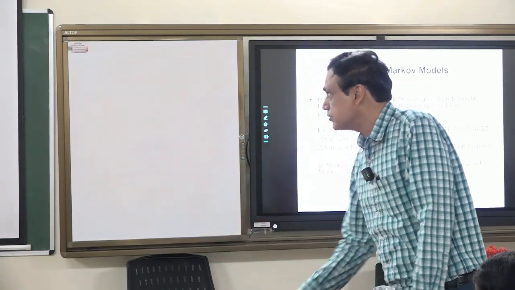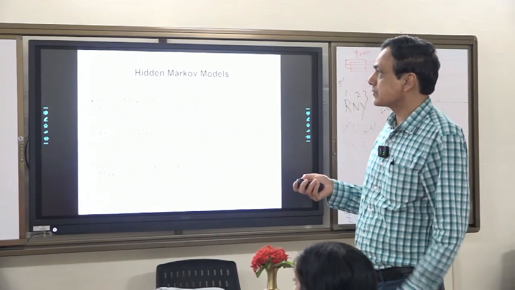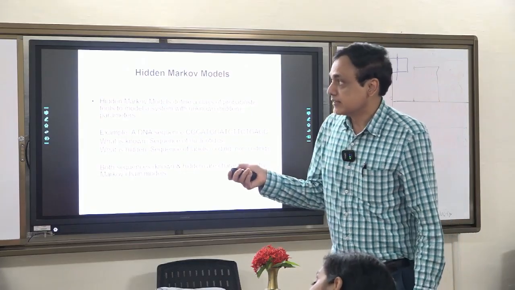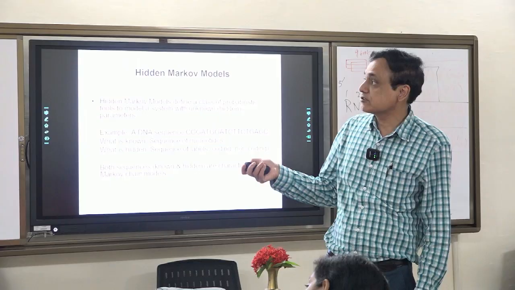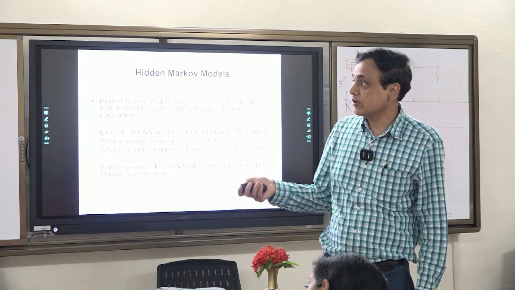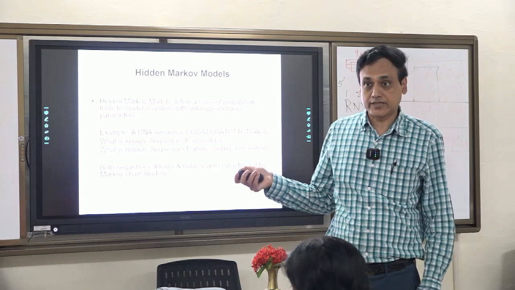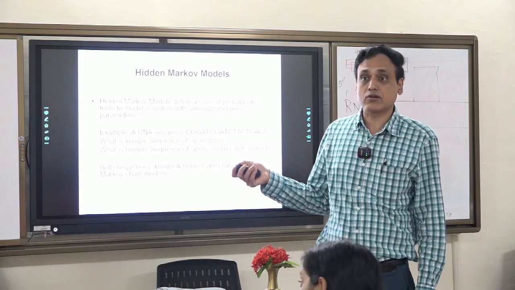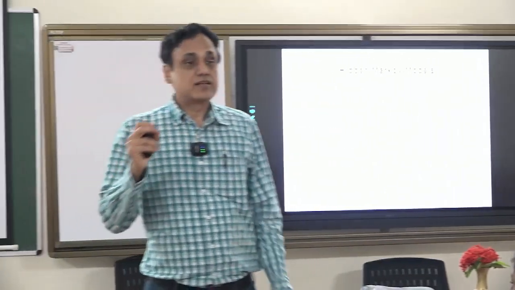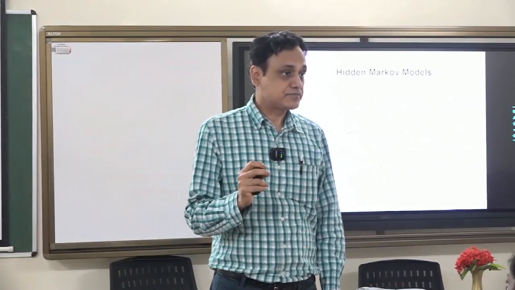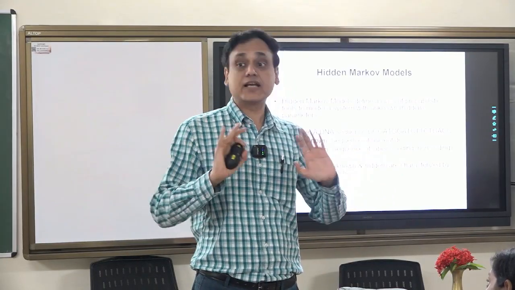An example here is this DNA sequence: CGG, AT and so on, last is GC. What is known? The nucleotides, what you observe, so the sequence of nucleotides. What is unknown or hidden? Whether C is protein coding or non-coding, whether G is protein coding or non-coding. So the functional or structural characteristics of these nucleotides are not known to you.